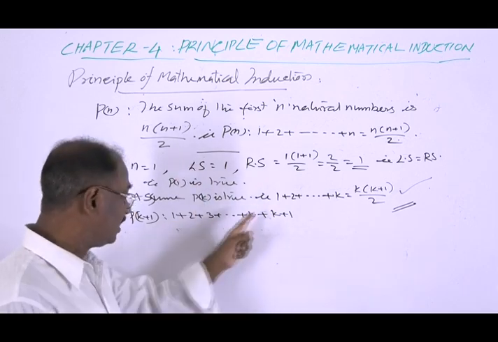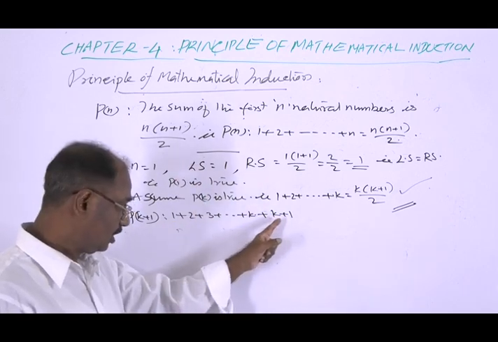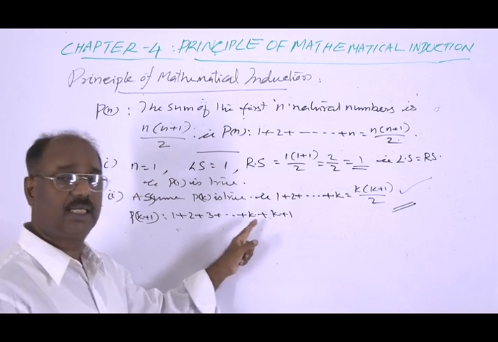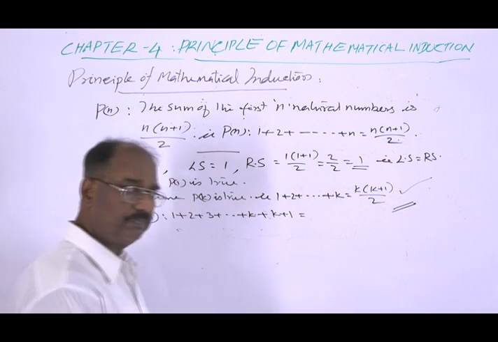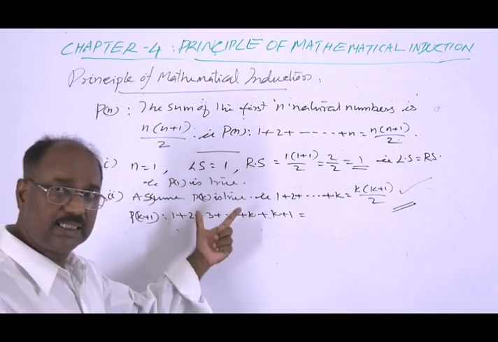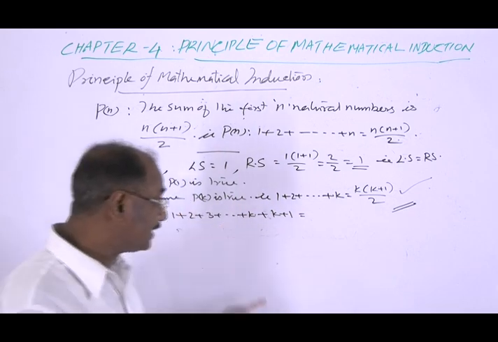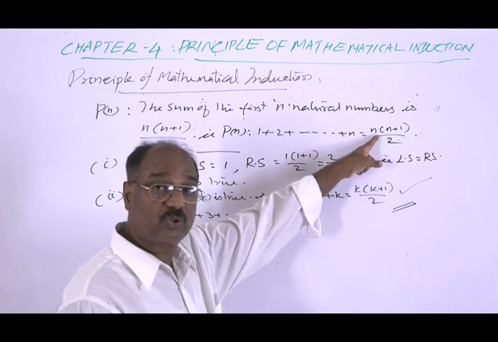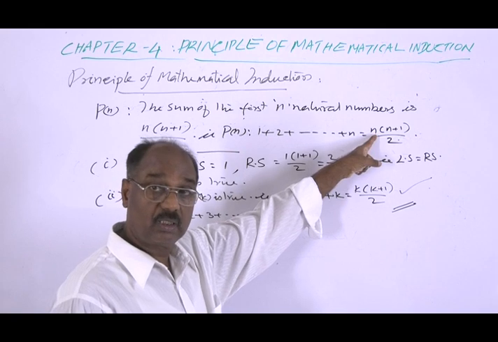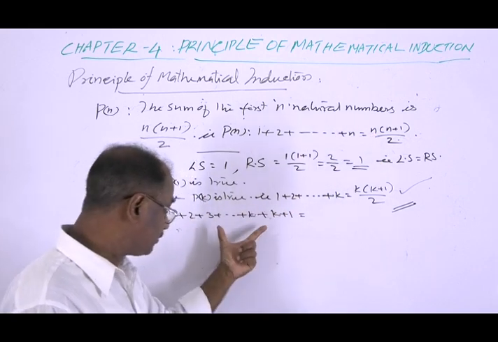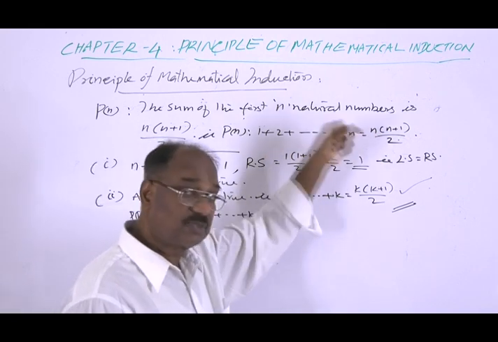So starting from 1, ending at k plus 1, the last term is k plus 1. We want to prove that this can be written exactly in this form. In place of n, we want to place k plus 1. We want to express this in this form.